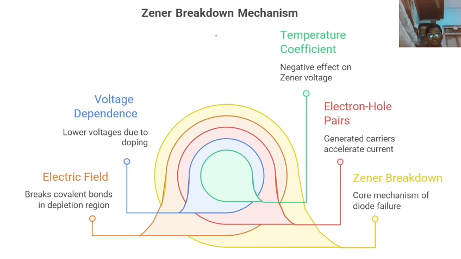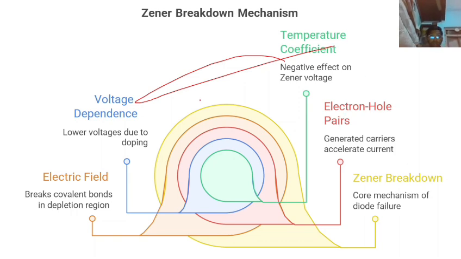Zener breakdown mechanisms: there are voltage dependence, electric field dependence, temperature coefficient, and electron-hole pairs. Voltage dependence: lower voltage due to doping, at the heavily doped region. The electric field breaks covalent bonds in the depletion region, which is very small.